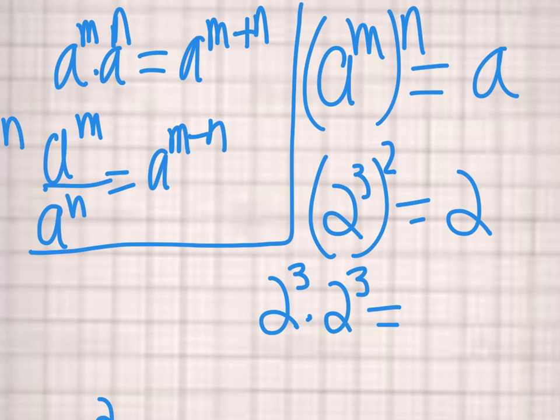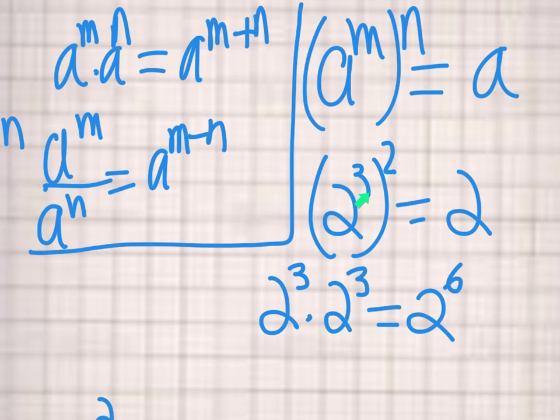And then, as you can recall, you remember this law right here. So I'm just going to add the exponents. So equals 2 to the power 6, because 3 plus 3 equals 6. Now I go back to see what I did here between 2 and 3 to get 6. Did I add them, multiply, subtract, divide?